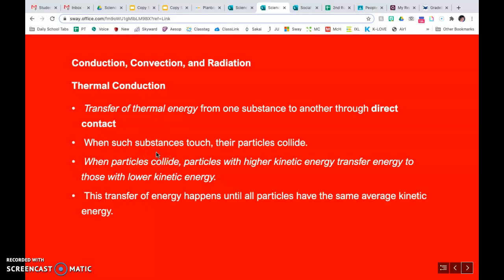When such substances touch, their particles collide with each other. And when the particles collide, the particles with the higher kinetic energy transfer their energy to those with lower kinetic energy. And just like with the ice, this transfer of energy happens until all the particles have the same average kinetic energy.